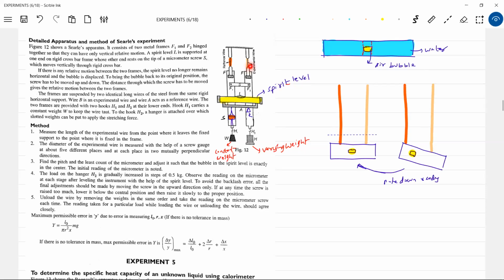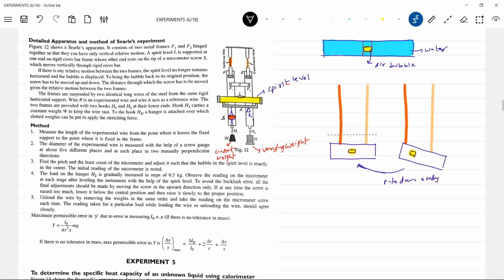So this got elongated. How to measure this elongation? I'm taking help of this spirit level. Like that, I'm going to plot the elongation versus the load. And what is our formula? Young's modulus equals, so the elongation times mg. So from here I'll get a slope.